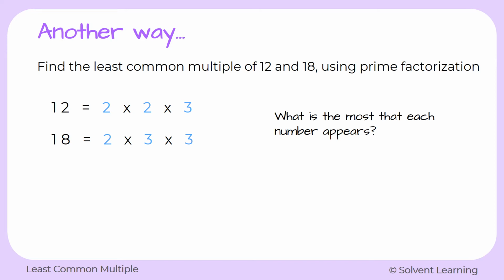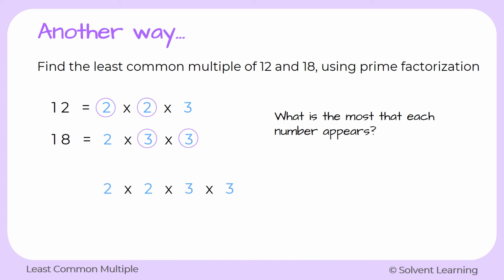It shows up twice for the number 12, so we need to count both of those 2's. And now we can also see that there's a 3 in there. Both numbers have a 3 in common, but we want to see the most that the number appears in one of the prime factorizations. 18 has 3 showing up twice. So that means that we need to count 3 two times as well. So we're going to have 2 2's and 2 3's.